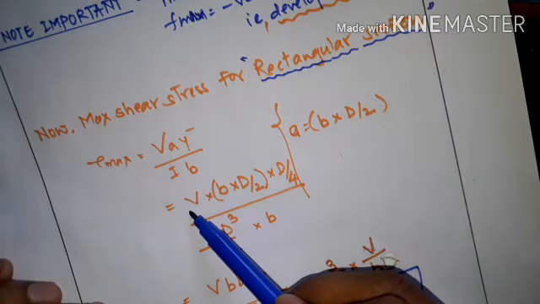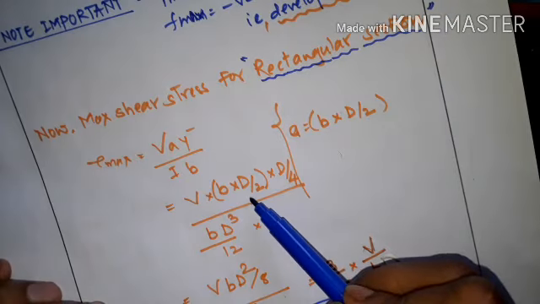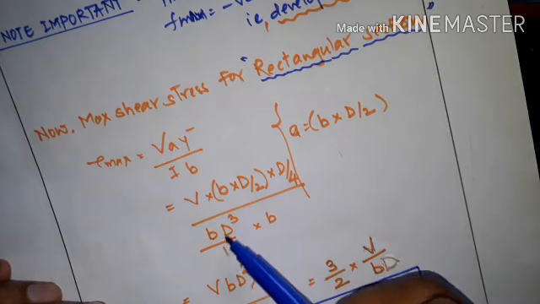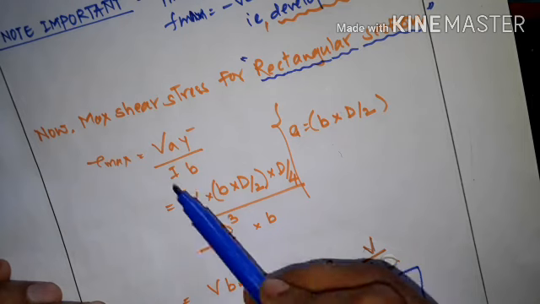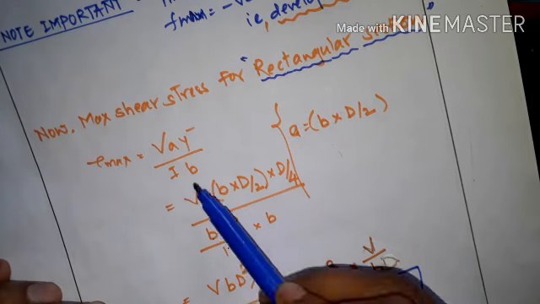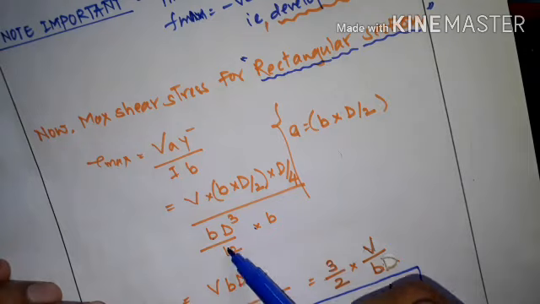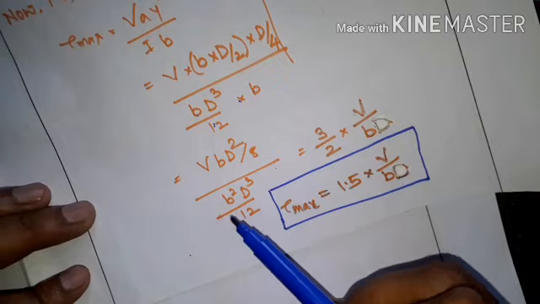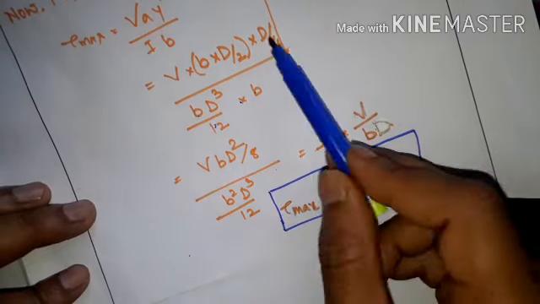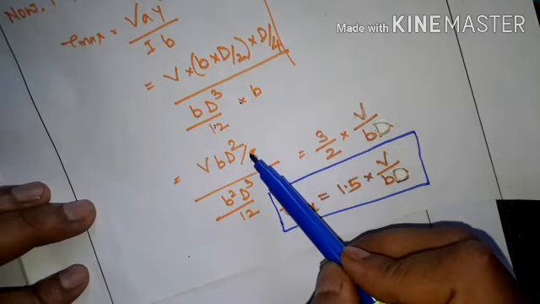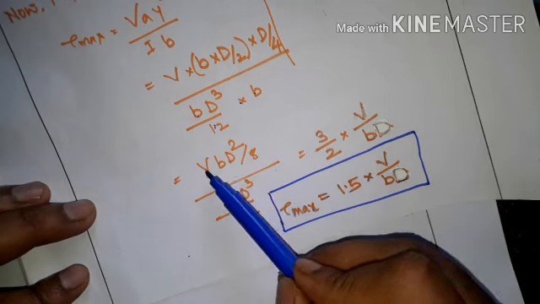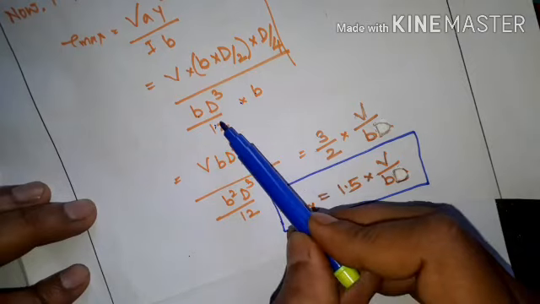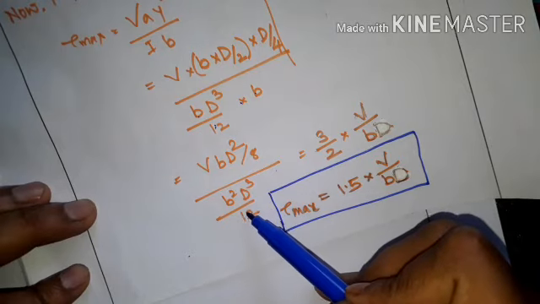So that's why it is V into area, B into D by 2, into D by 4, divided by B D cube by 12, that is I, the moment of inertia, into B. Okay, so if you simplify this, you get V into B into D square by 8, divided by B square D cube by 12.